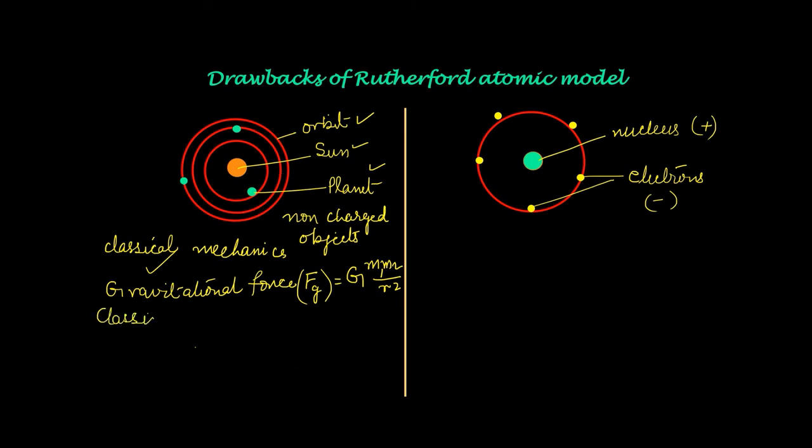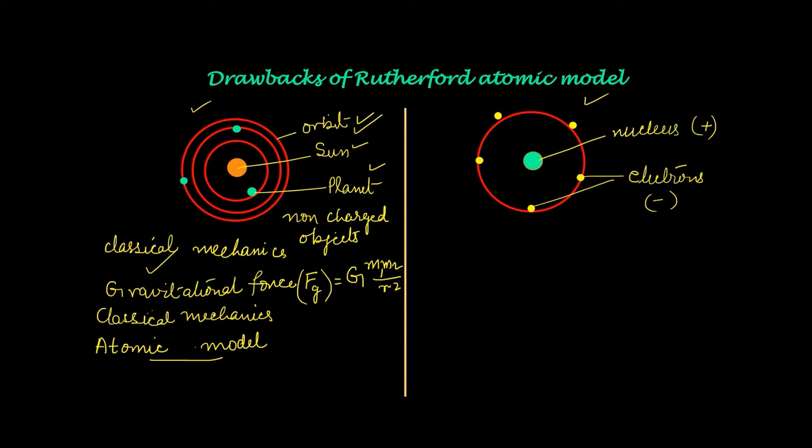By applying principles of classical mechanics, the planetary orbits have been calculated and the calculations agree with the experimental results. As Rutherford's atomic model is compared to the solar system, the principles of classical mechanics were applied to explain the atomic structure.